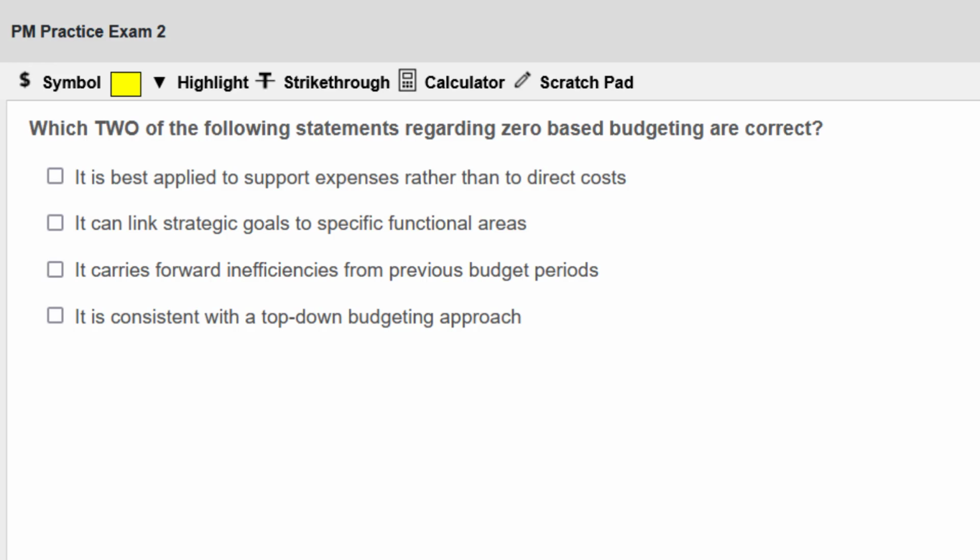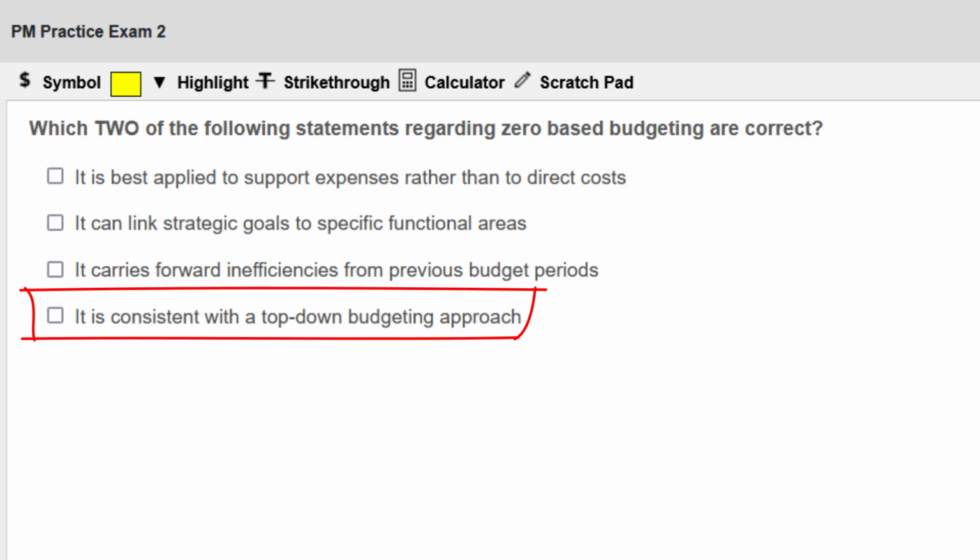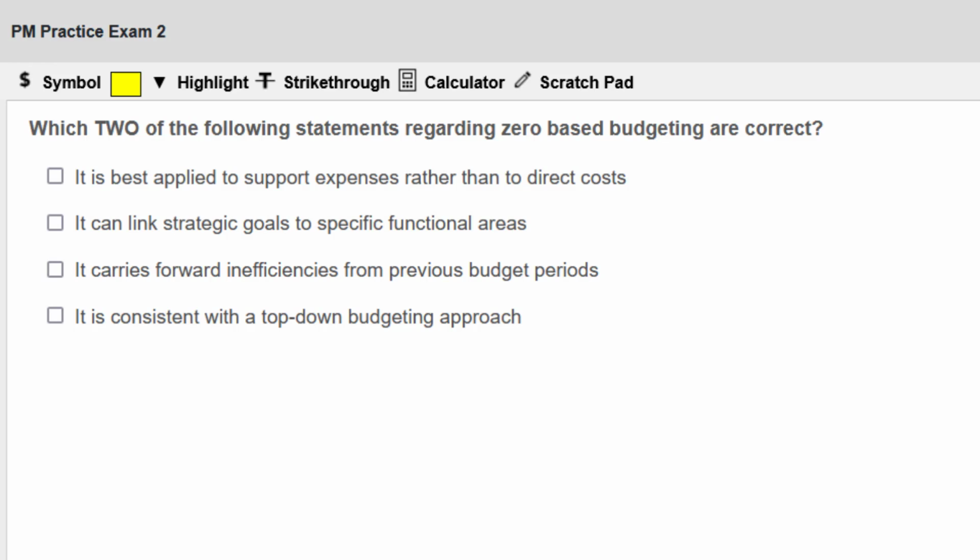I also see that 4 goes out. It's consistent with a top-down budgeting approach. Zero-based budgeting is about delegating part of the process to cost center managers who come up with their own decision packages, which they then present to a budget committee. So from elimination, I know that it's answers 1 and 2.